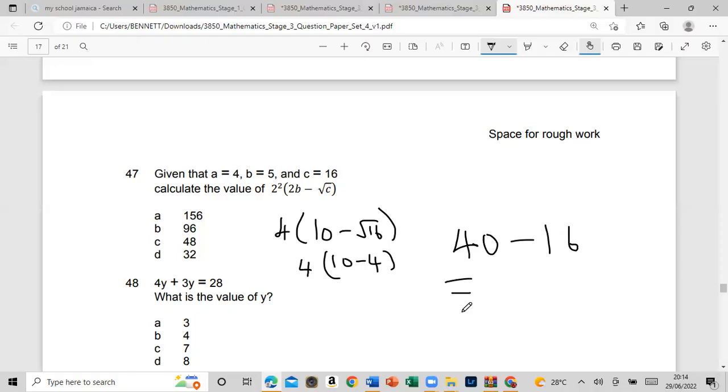No, that's not right. You're just wrong. a is 4, b is 5, yeah. You have everything correct. c is 16, the square root of 16 is 4, 4 fours are 16, 2 fives are 10. And someone said 40 minus 4, that's 36.